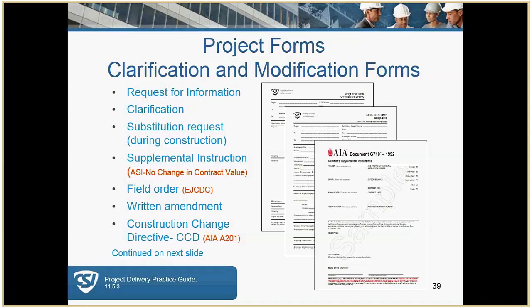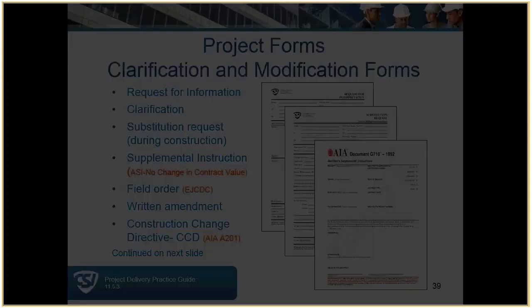So these are the forms that you use for contract modifications after award of the contract, and they're also provided within the project manual. Examples: ASIs, construction change directives, change orders, substitution requests.